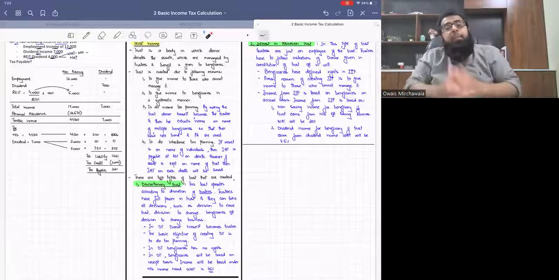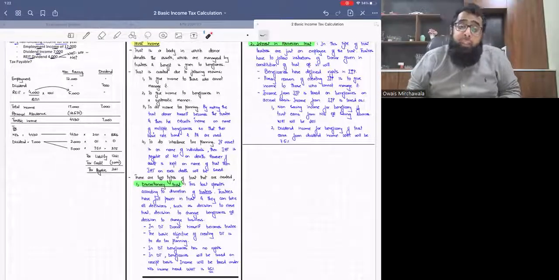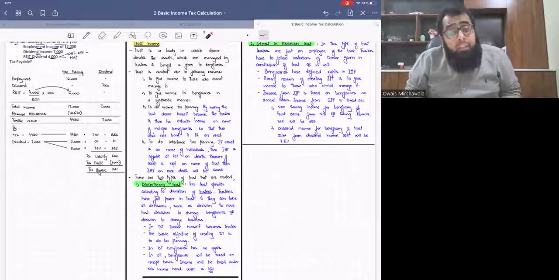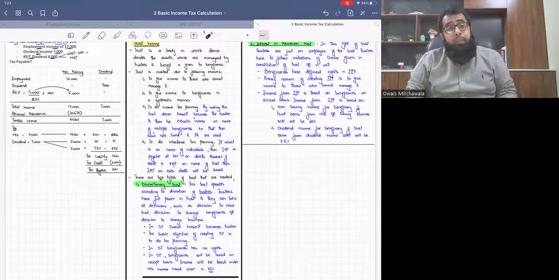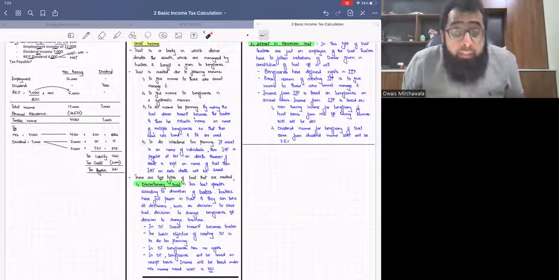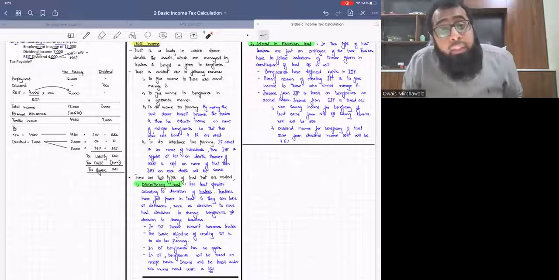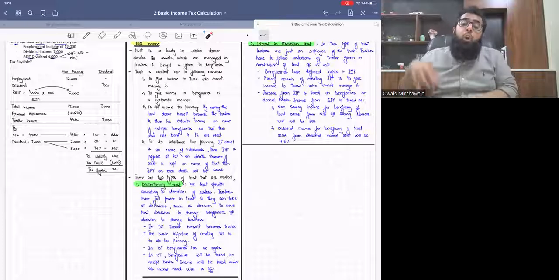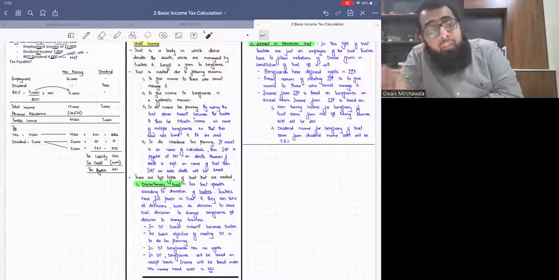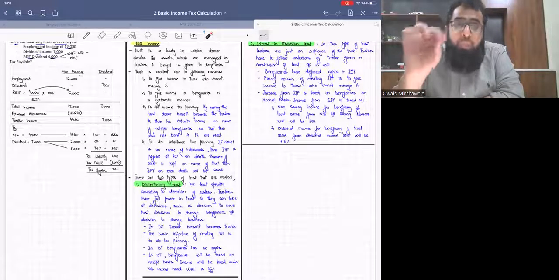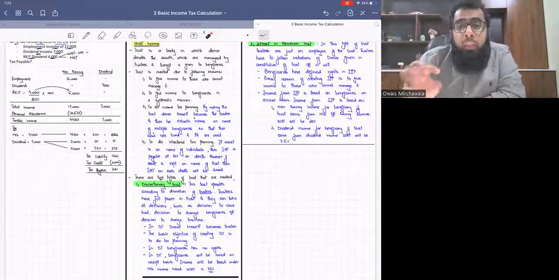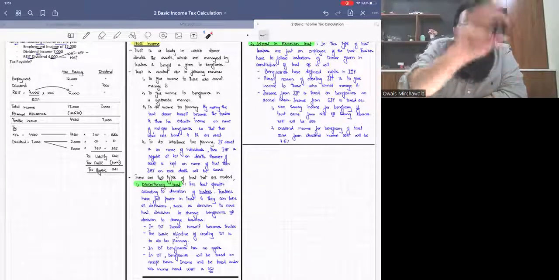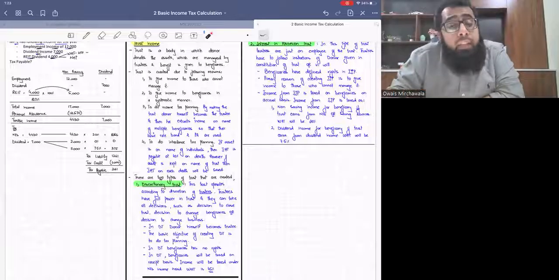Now, there are two types of trust. One is the discretionary trust. The discretionary trust operates according to the discretion, the choice, of the trustees. Normally, the donor himself becomes the trustee. No one will give his entire business to the control of someone else.